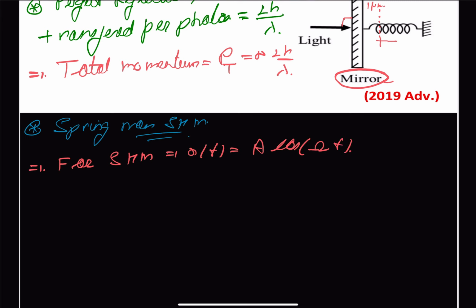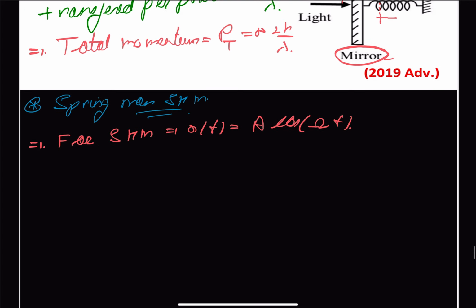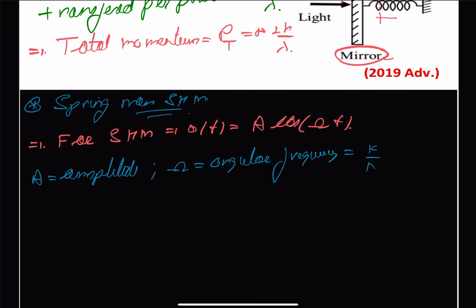Here A is the amplitude, omega is the angular frequency, which is also root of k upon capital M, and x of t is the displacement or instantaneous position.